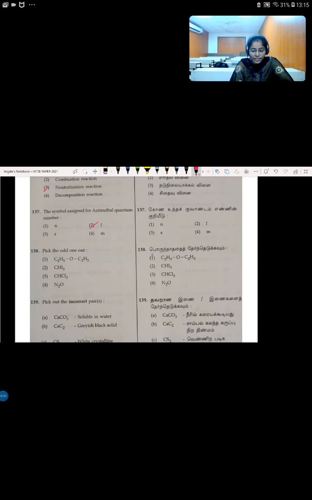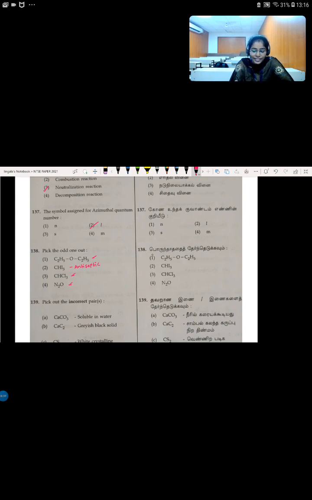Here, this is diethyl ether. Diethyl ether, iodoform, chloroform and nitrous oxide are given. See here, this is diethyl ether as well as chloroform and N2O. These three are different and CHI3 is different. CHI3 is an antiseptic drug, and these three, diethyl ether, chloroform and N2O, are which type of drugs?